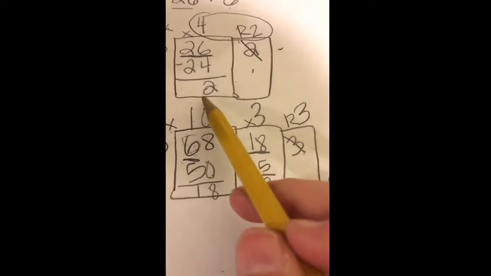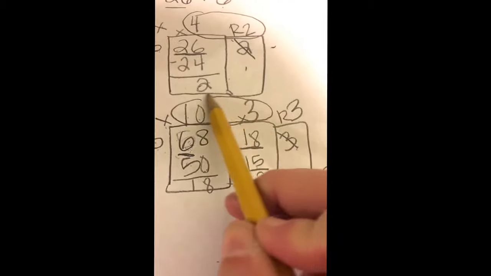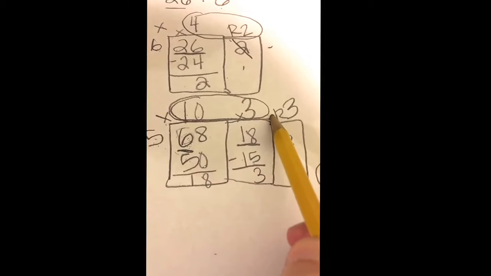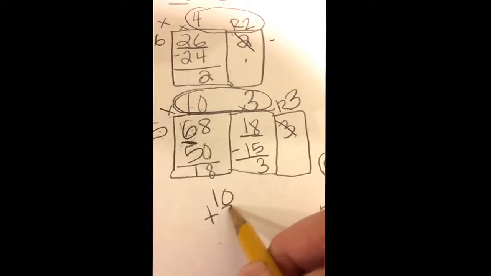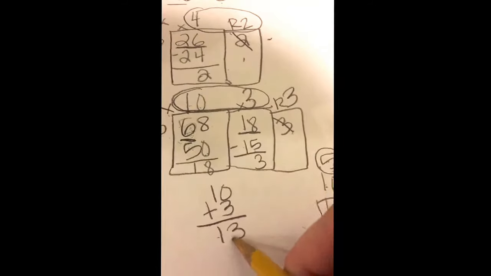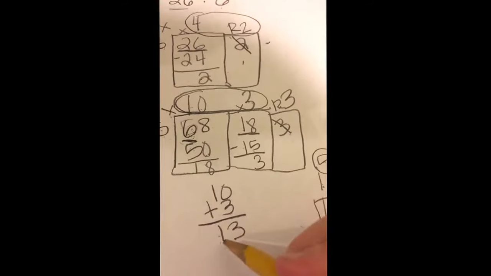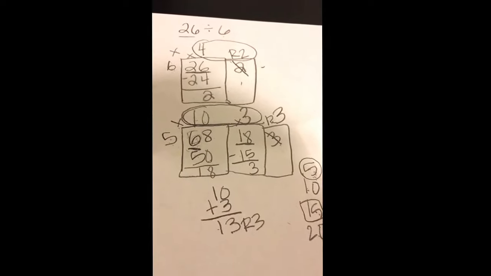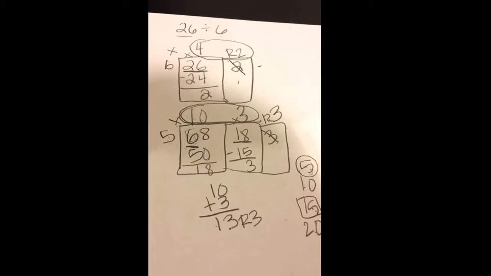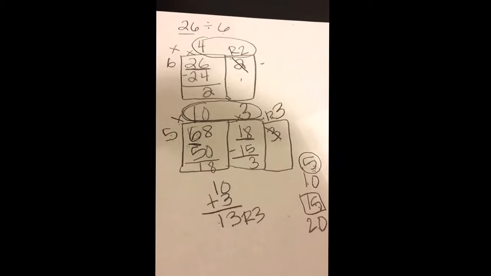So these numbers, the 10 and the 3, are partial quotients. They're parts of the answer. You have to add them up. So 10 plus 3 gives you 13. And then you can't forget your remainder over here. Remainder of 3.